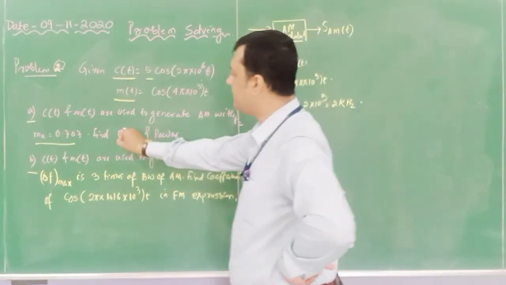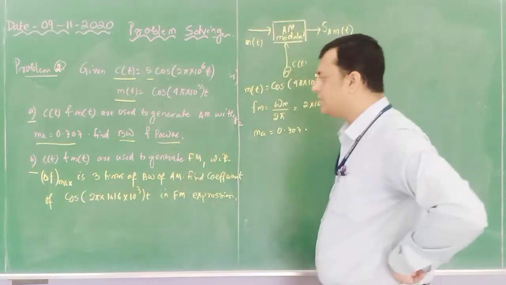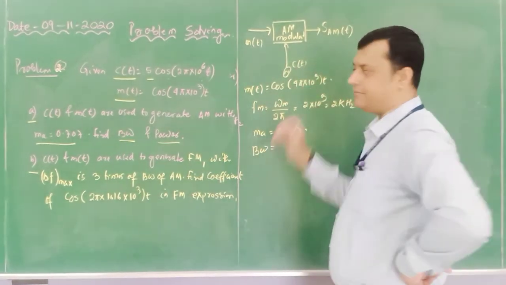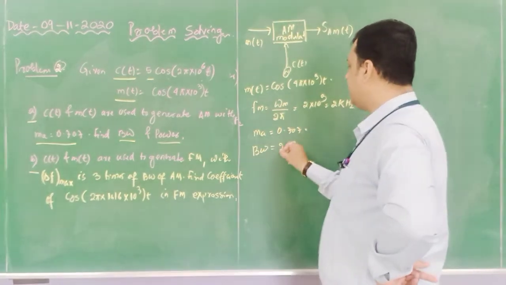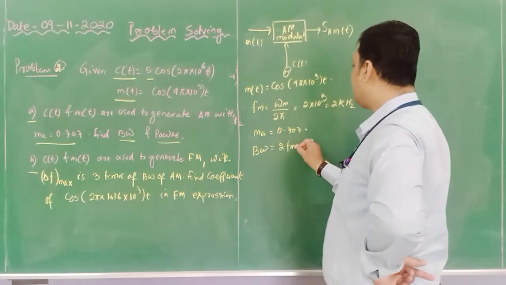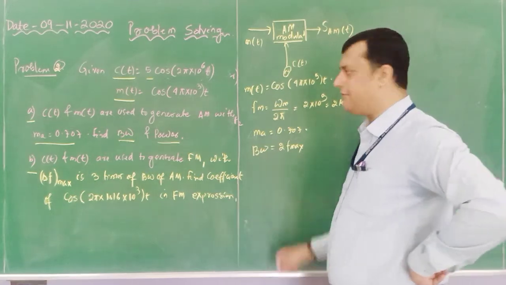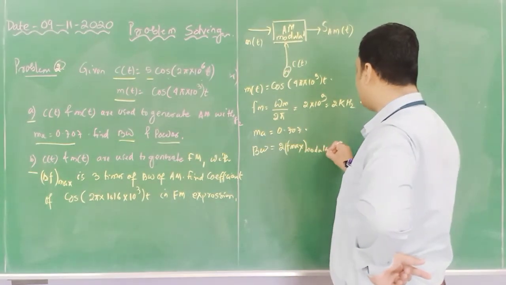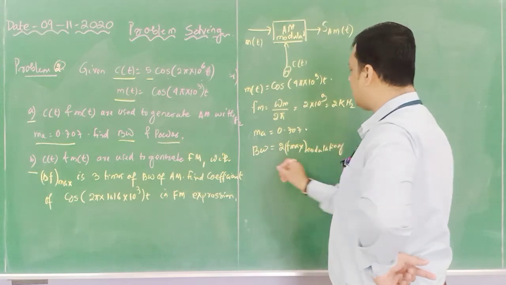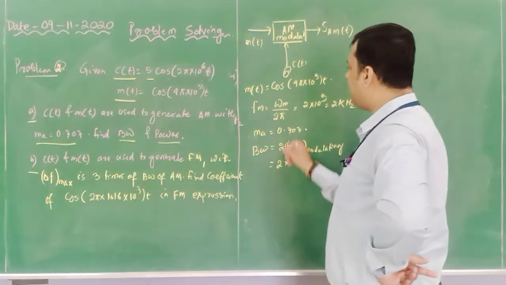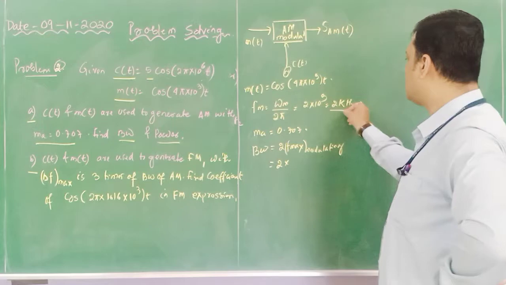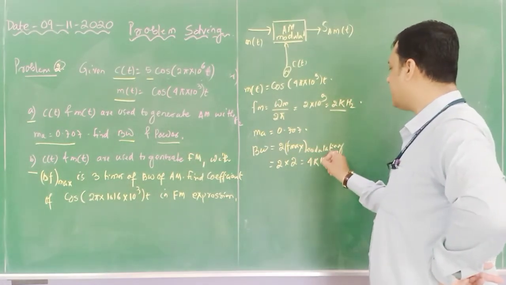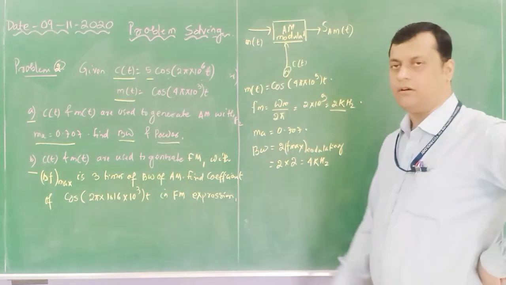Here we have to determine the bandwidth and power. Bandwidth in AM is nothing but twice the maximum frequency available in the modulating signal. The maximum frequency in the modulating signal is 2 kilohertz, so the bandwidth will become 4 kilohertz.